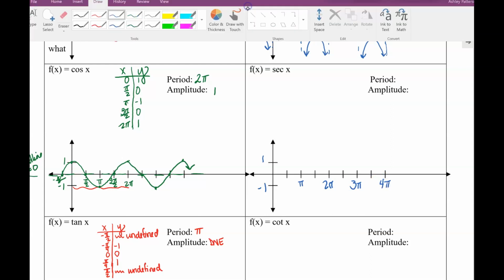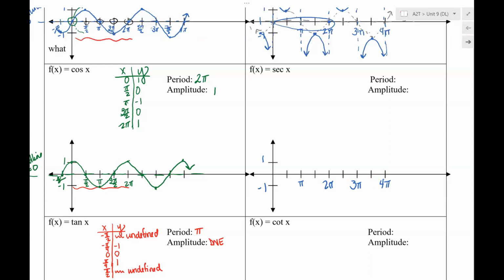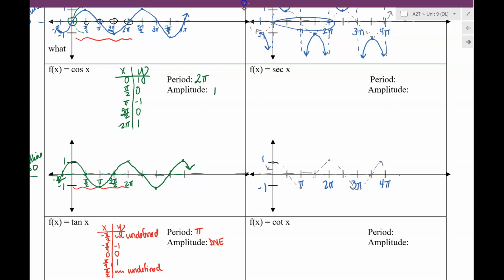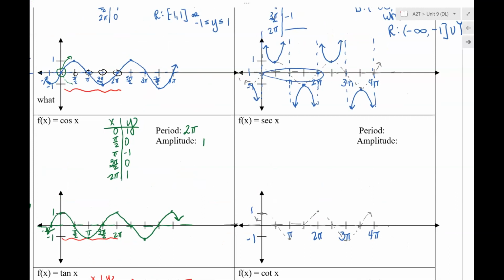Okay, and we're going to sketch cosine. So at 0, cosine is 1, and then we go back to 0, down to -1, and so forth. And our midline is at the x-axis. Now, similar to what we saw with cosecant, it's reciprocal, so the x's are going to be the same.